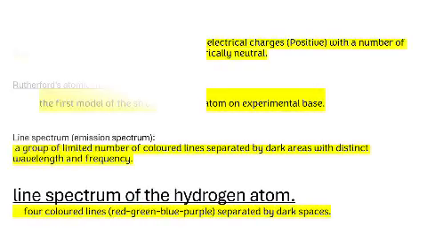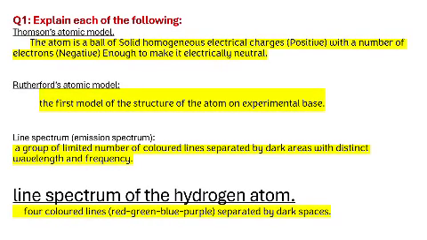First question in our lesson today: explain each of the following. Number one, Thomson's atomic model. As we know, Thomson was a scientist who didn't conduct any experiments, so we consider it an attempt without any experimental phase.